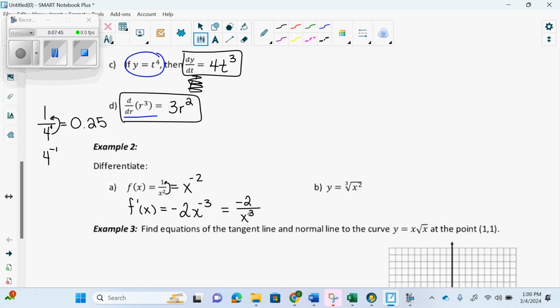Now, when I used to teach grade 10, no matter how much I told people, they always took the negative 2 with them. These are multiplied, correct? So much so that, what's the exponent on the negative 2? It's a positive 1, is it not? So does it need to move to the denominator?